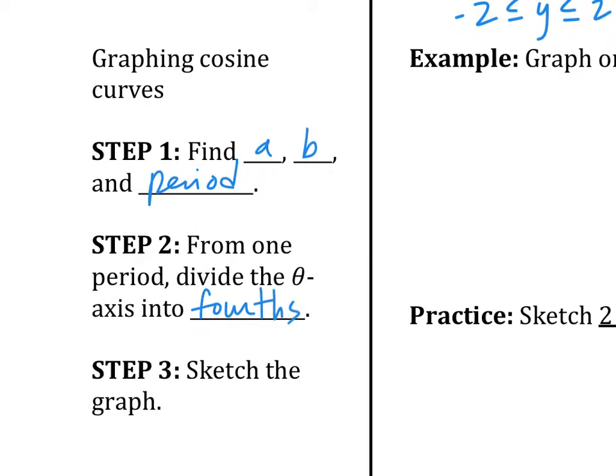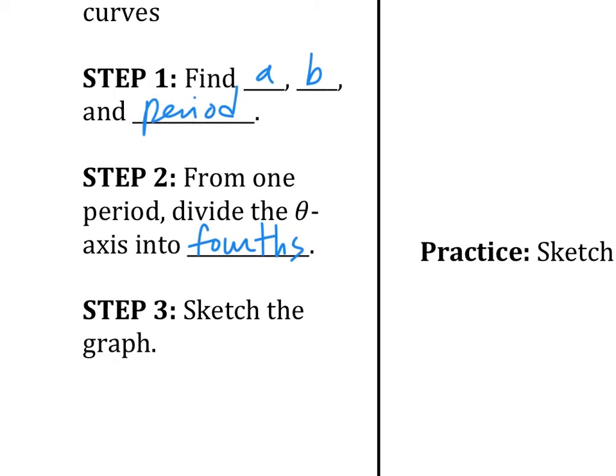This time, because it's a cosine graph, you're going to remember it goes down, down, up, up. So it's different from sine. Sine, we went up, down, down, up. This cosine graph is going to go down, down, up, up.